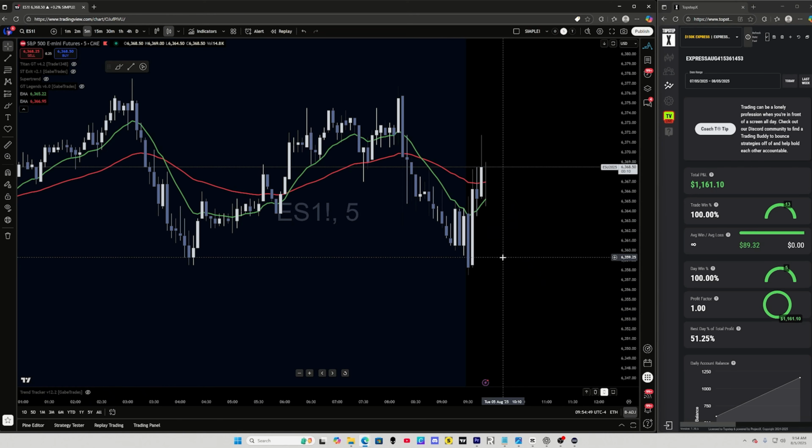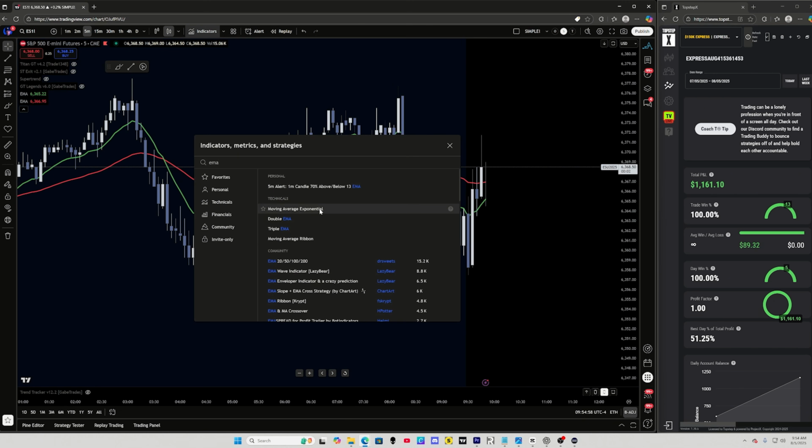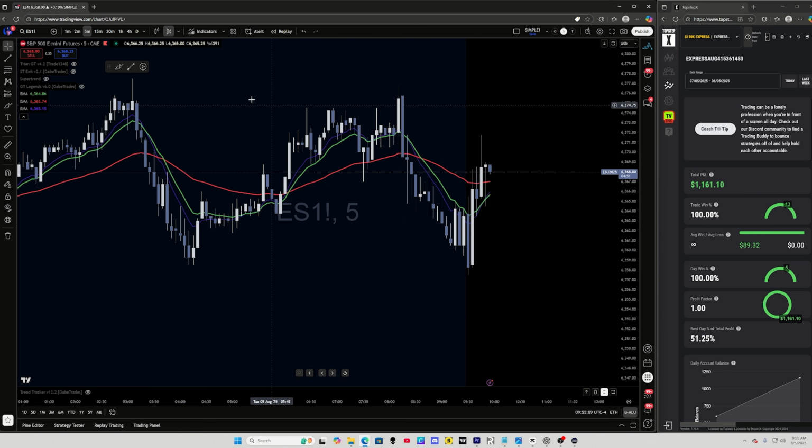So first off, let's look at this. What I have plotted here are my EMAs. We could simply go over to our indicators and type in moving average exponential right there. You add 3 to the chart, and add 3 more. Each one has its own values.